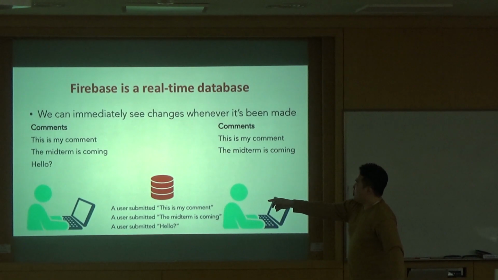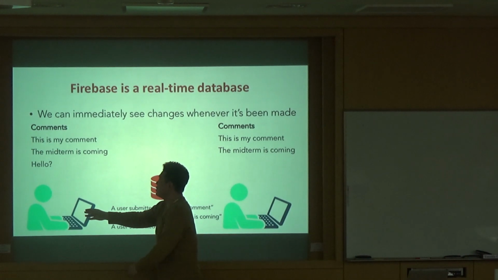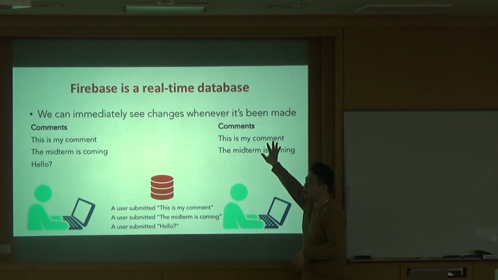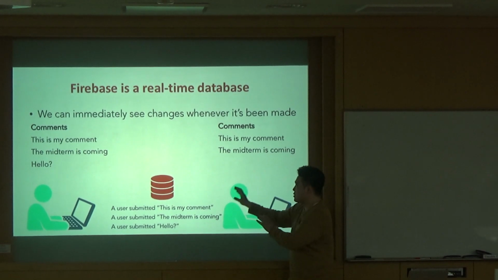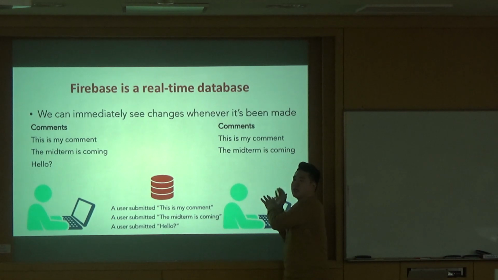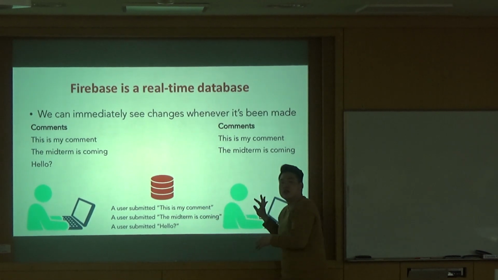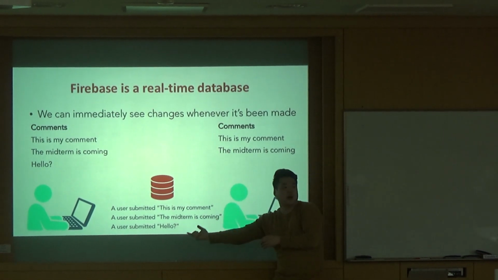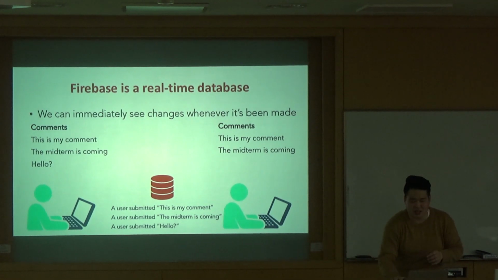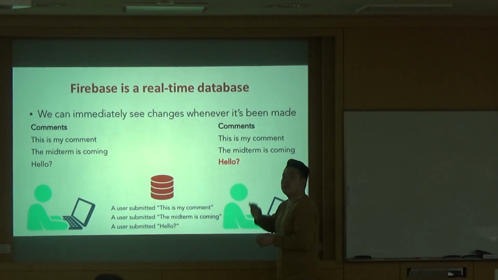So, let's say this person A added hello here. Doesn't mean this person B's website is going to update it. The database is up to date, but unless this person reads the value again, this person cannot access the up-to-date value, right? But with Firebase, you can very easily implement this update. That's one of the very strong points of Firebase.